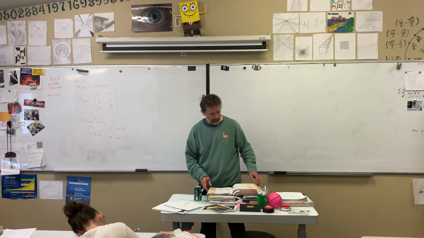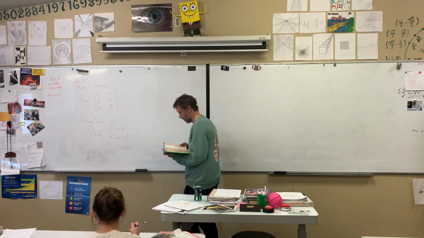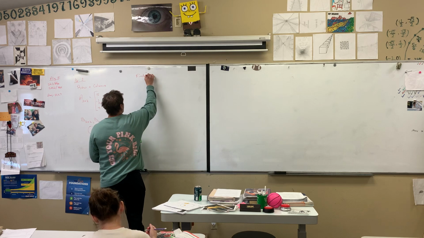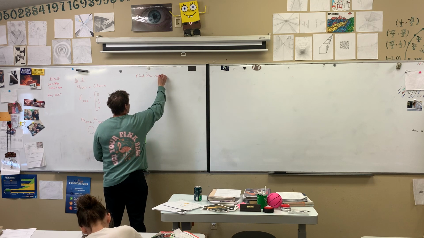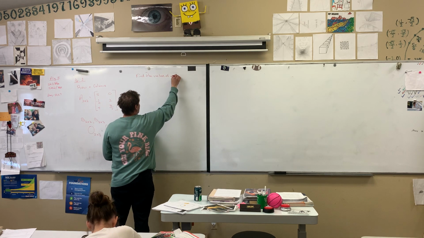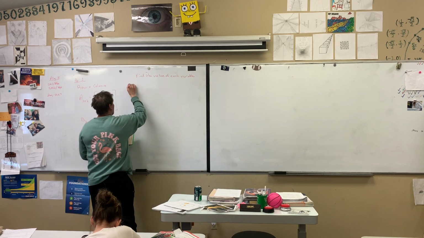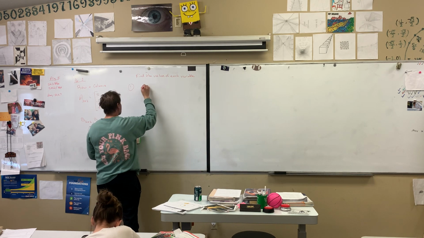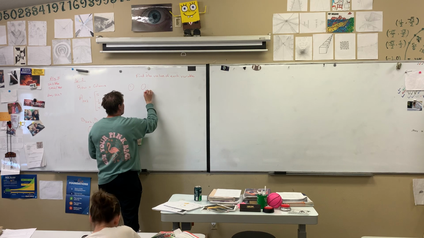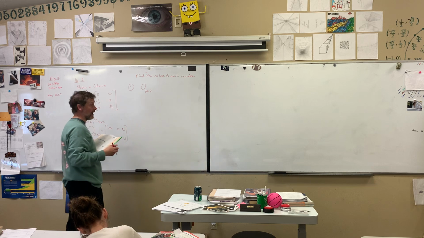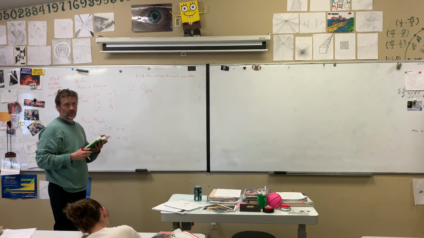Let's just do a couple examples. Find the value of each variable. So number 1 here, if you have something that looks like this, and it is the letter O, it is referring to which matrix?